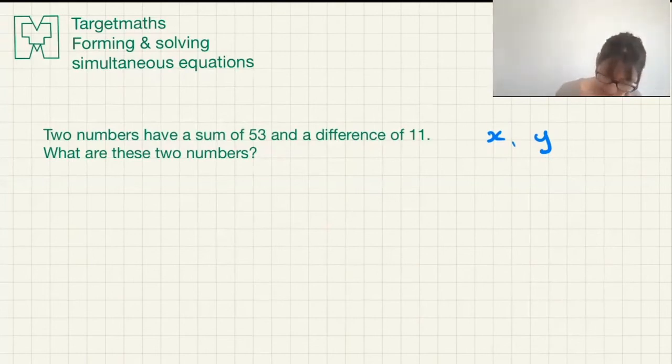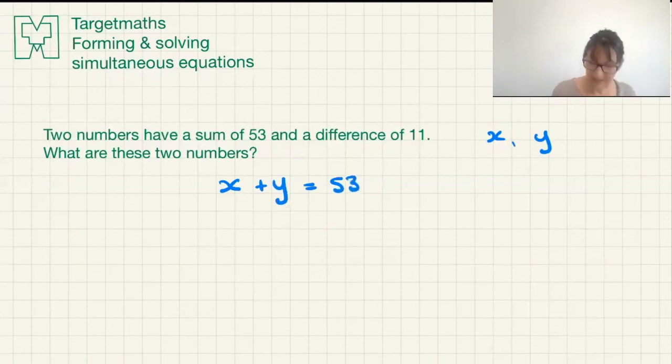So that tells me that the x and the y will add together to make 53. And they have a difference of 11. So I know that x take y would equal 11. I've got my simultaneous equations. That wasn't too tricky. I had to remember what sum meant and what difference meant, but I've got it.